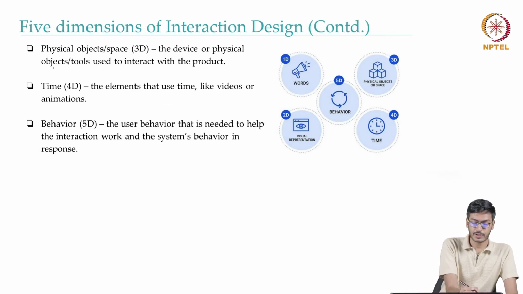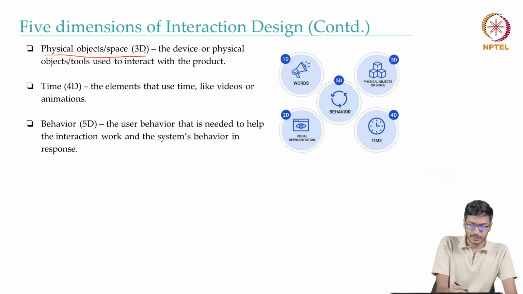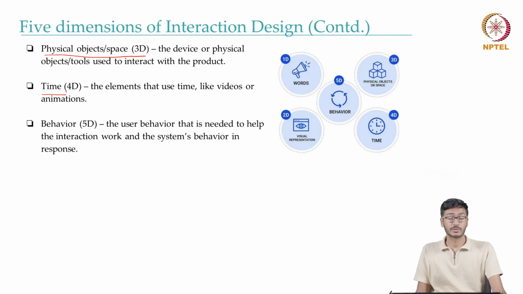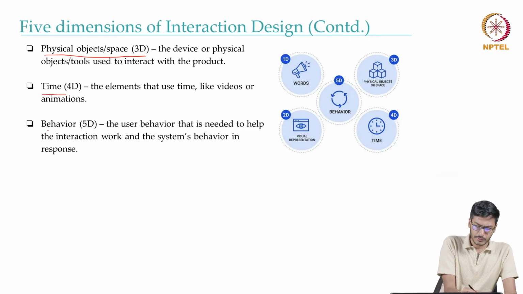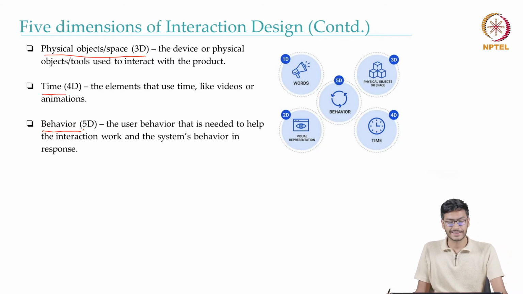The third dimension, we have the physical objects in the space. These are actually the physical products or devices that the users can actually use to interact with the product. The next, we have the elements that use up time, which includes videos, animations, or moving graphics. The fifth is actually the user behavior that is needed to help the interaction work and the system's behavior.